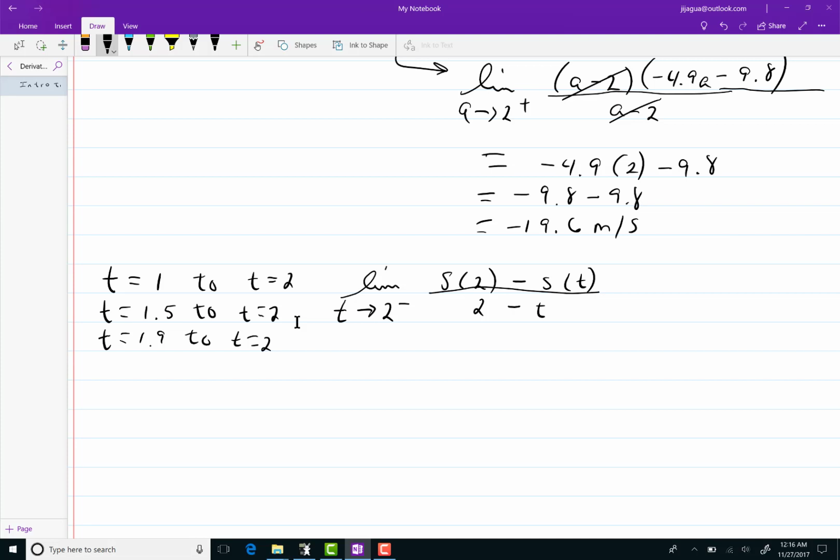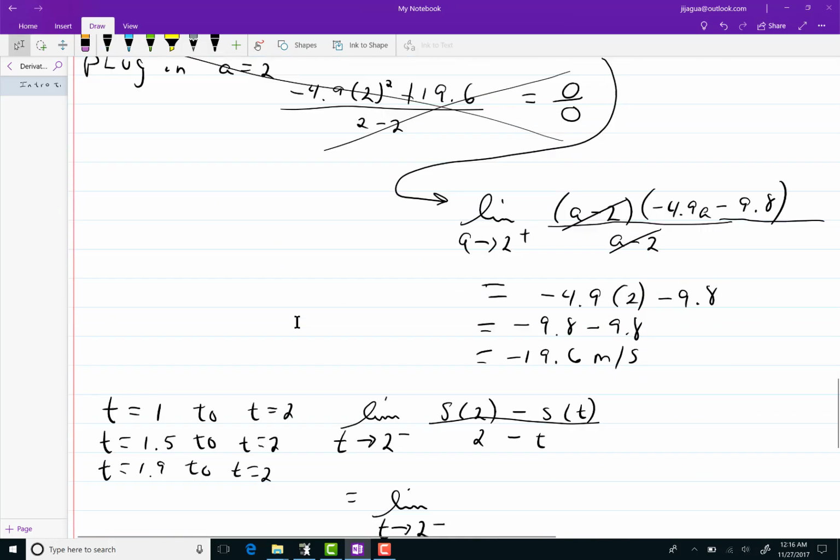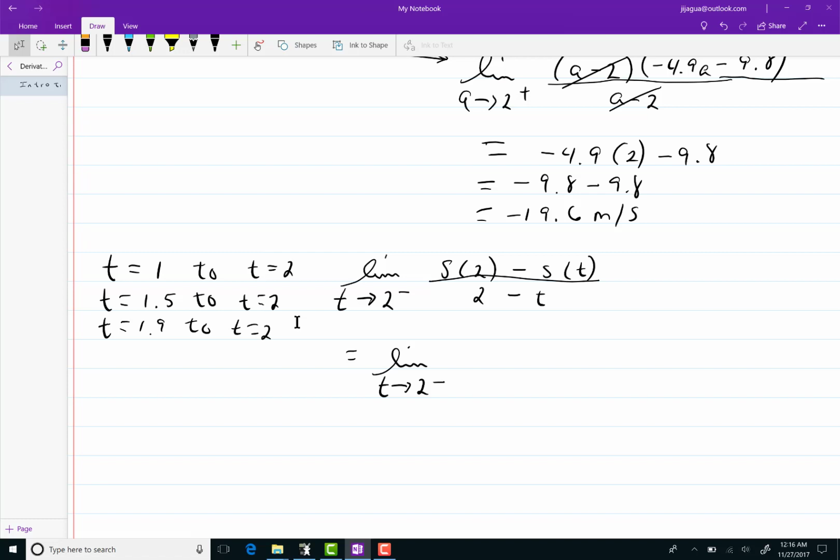This equals the limit as t goes to 2 from the left. S of 2, I believe I did that one, didn't I? S of 2, where was that one? That was negative 80.4, or just 80.4. And then this one, negative 4.9 t squared plus 100 all over 2 minus t.